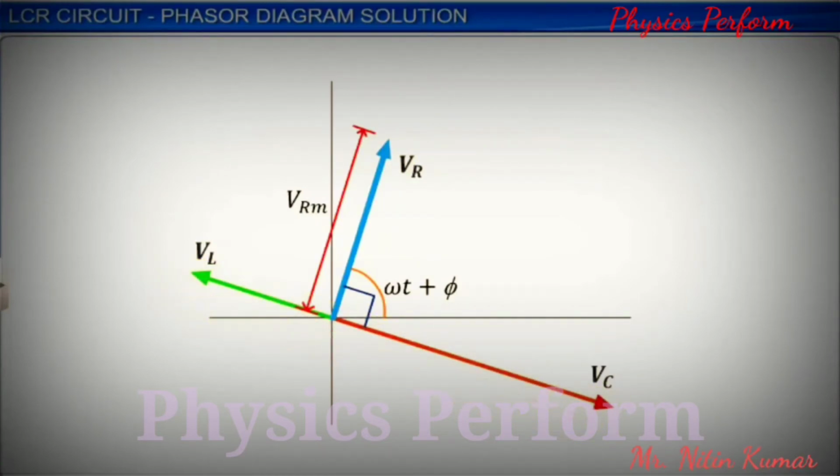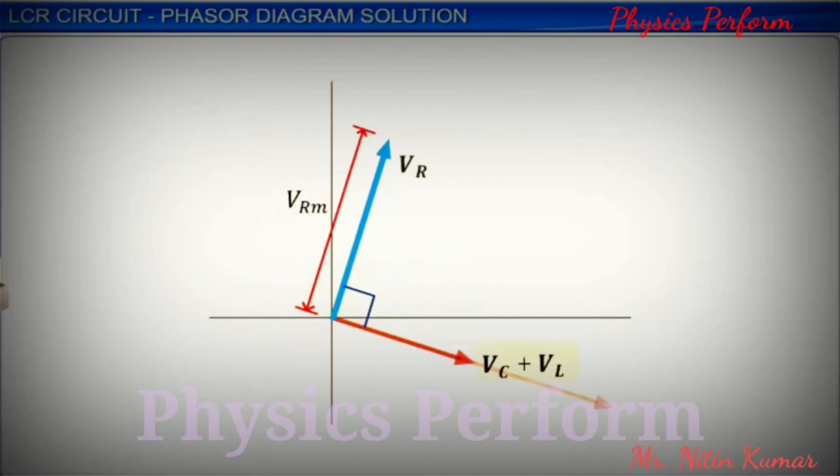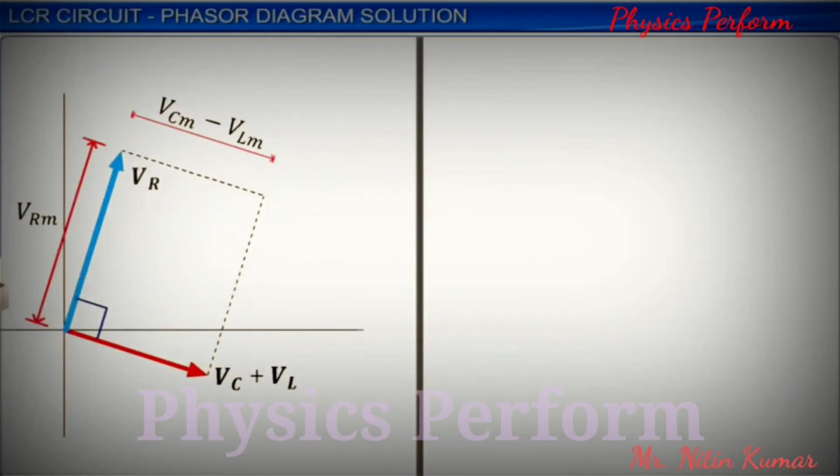Considering the directions of VC and VL on the phasor diagram, we can obtain a single phasor for VC plus VL with the magnitude of VCm minus VLm. Here, we assume that the capacitive reactance XC is greater than the inductive reactance XL, and hence we have VCm greater than VLm.